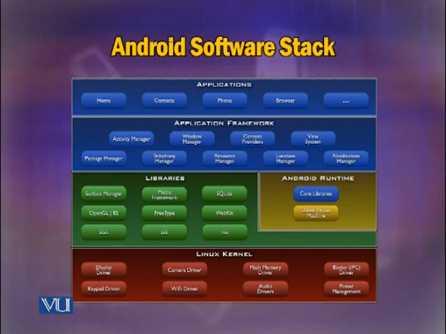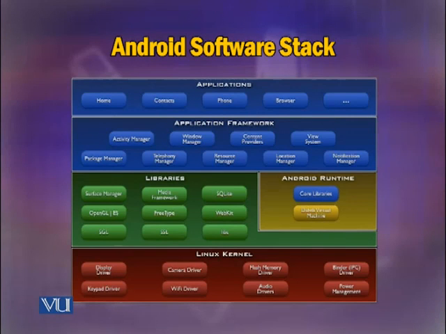On the top of libraries and Android runtime is the application core framework, या वो core libraries जो कि Android के framework में built in हैं. And on the top of this all is the applications themselves. Your messaging application, your dialer application, your browser, all this comes on the top of it.